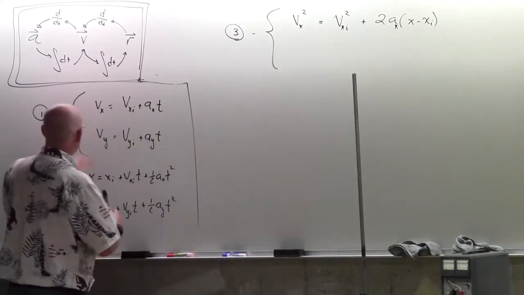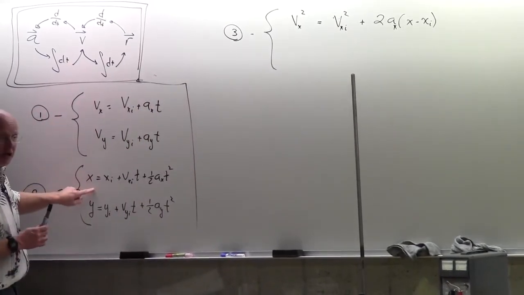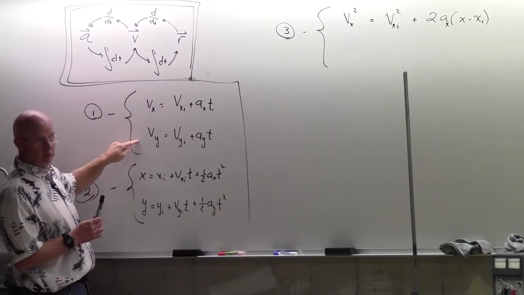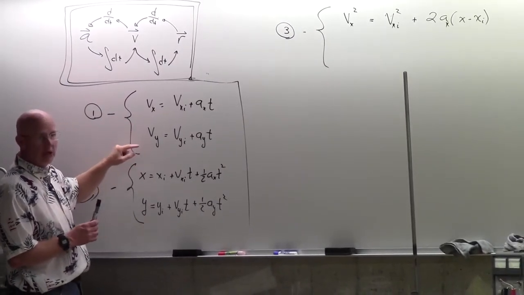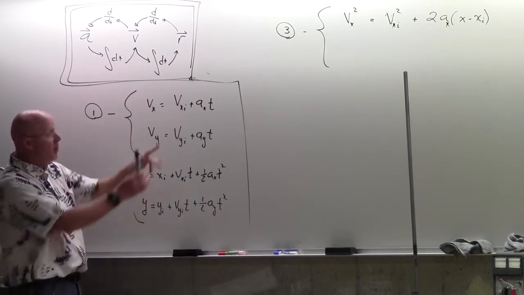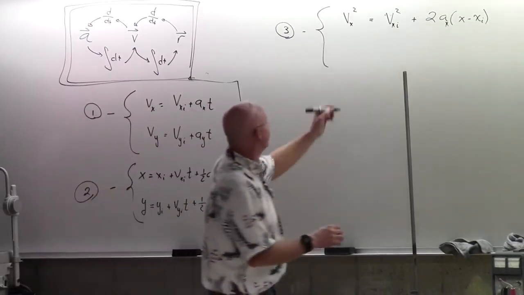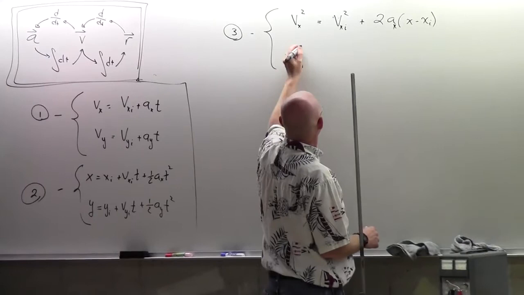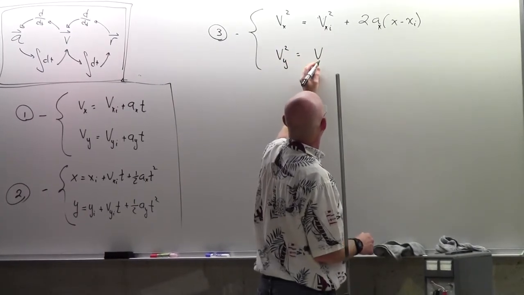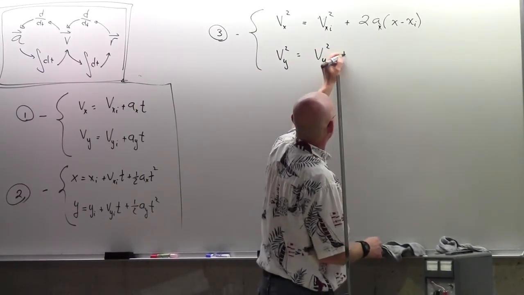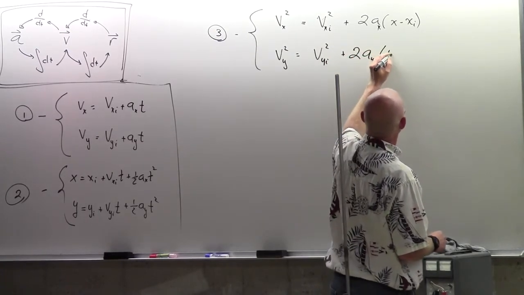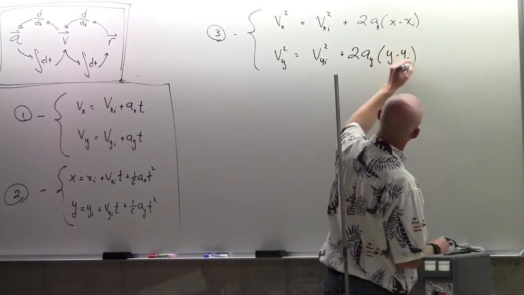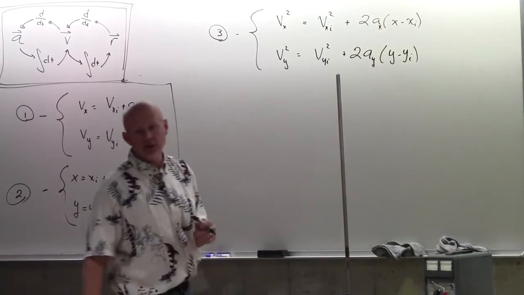Not only would we solve this one for time and put it into here, we could solve the second of the first. Maybe I should call it 1b or something. We could solve that for time and put it in here. And what do you think we would get? Yeah, exactly the same equation, except you would have y's instead of x's representing the vertical motion.